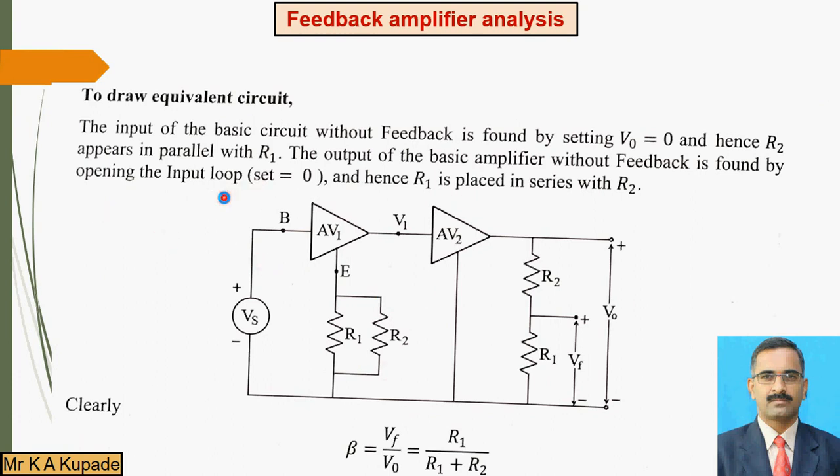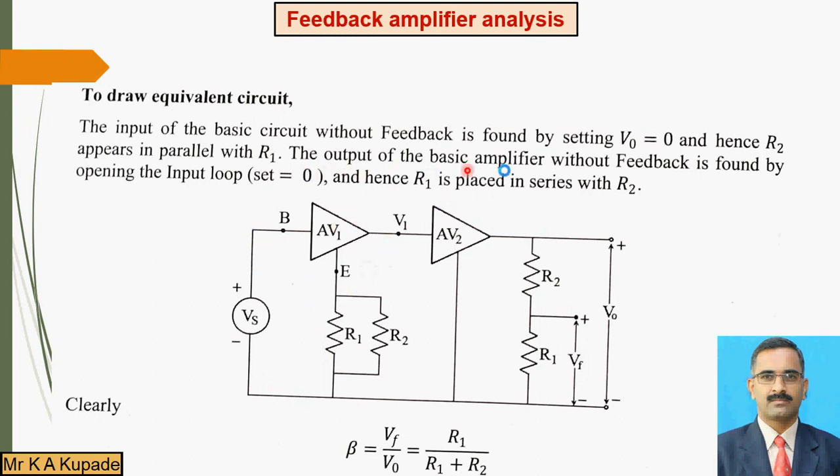which is defined as per the particular steps. The input of the basic circuit without feedback is found by setting V0 equal to 0, and due to this only R2 appears in parallel with R1 in the first stage, at the input side.